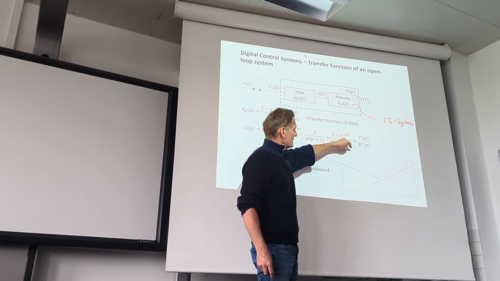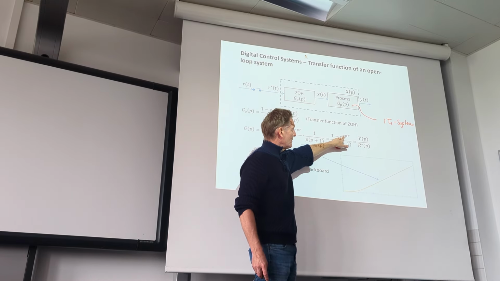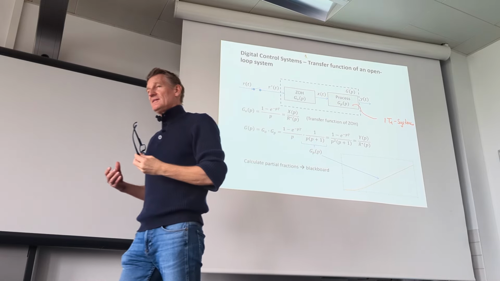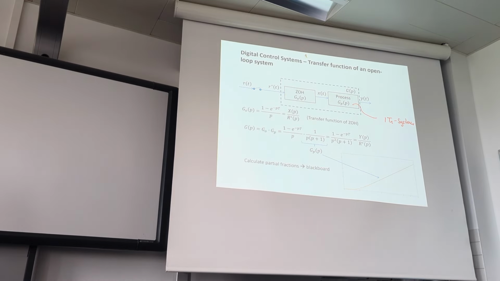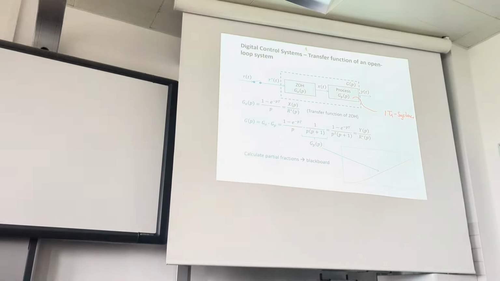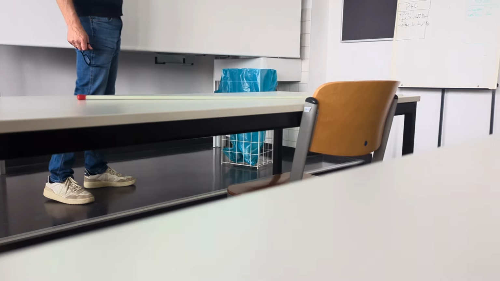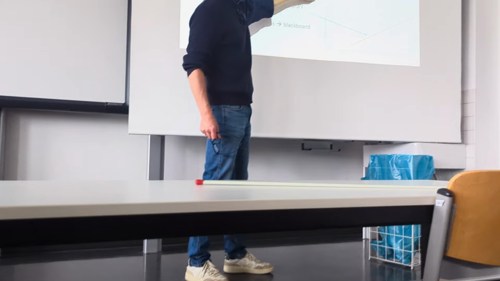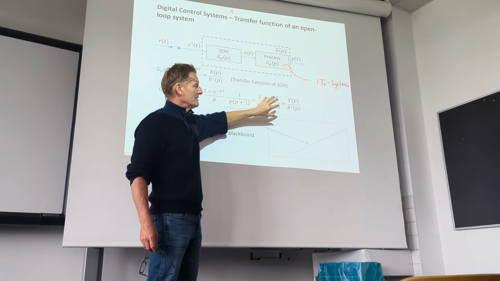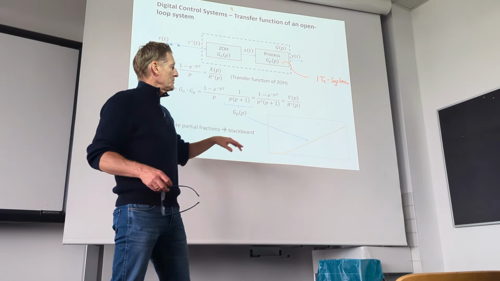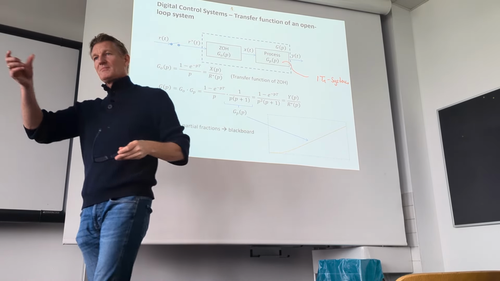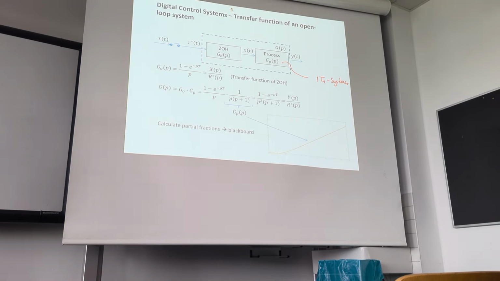One thing is already here, e to the power of minus pT, which, if we have a look at the table for the transformation, is nothing but the consideration of a dead time of capital T. So this is actually simple, because we can just have a look at the first part, 1 over p squared times (p plus 1), try to solve that, and then we do the same, just shifted by one capital T dead time into the future.